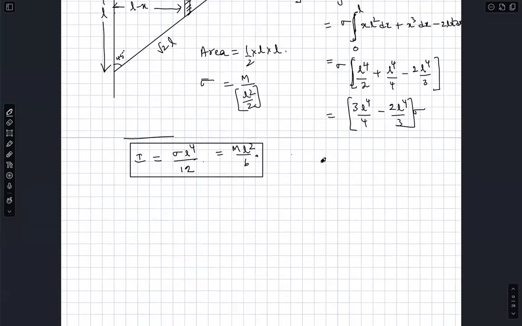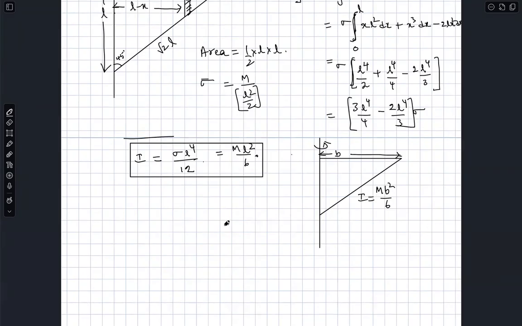Remember, this is the situation not only for equilateral, but for any triangle. If it has some width b about this axis, the moment of inertia will now become M b square by 6.